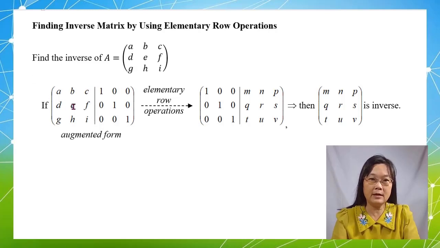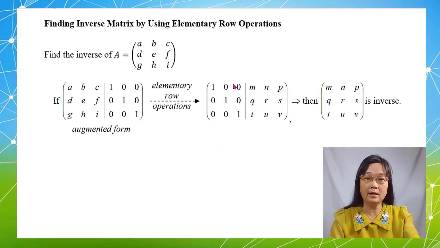This kind of matrix, we call it the augmented form of the matrix. Then after that, we carry out all kinds of suitable elementary row operations until the matrix on the left hand side becomes an identity matrix. Once this has been done, we can conclude that the inverse matrix is this one.